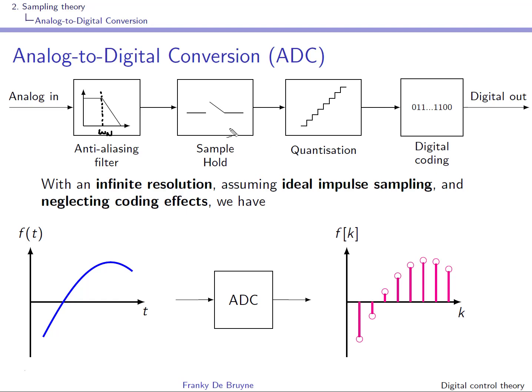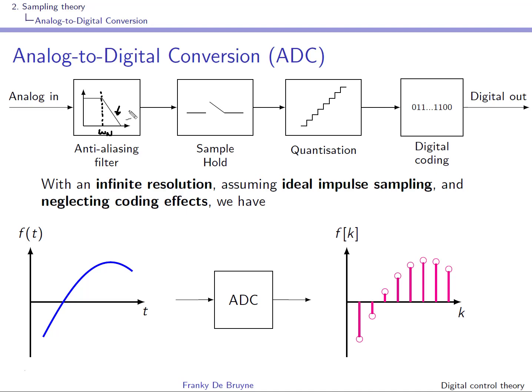So this is going to be an analog filter with sufficient roll-off. So you assume here that the slope is high enough so that you can effectively remove all frequency components above the Nyquist frequency.